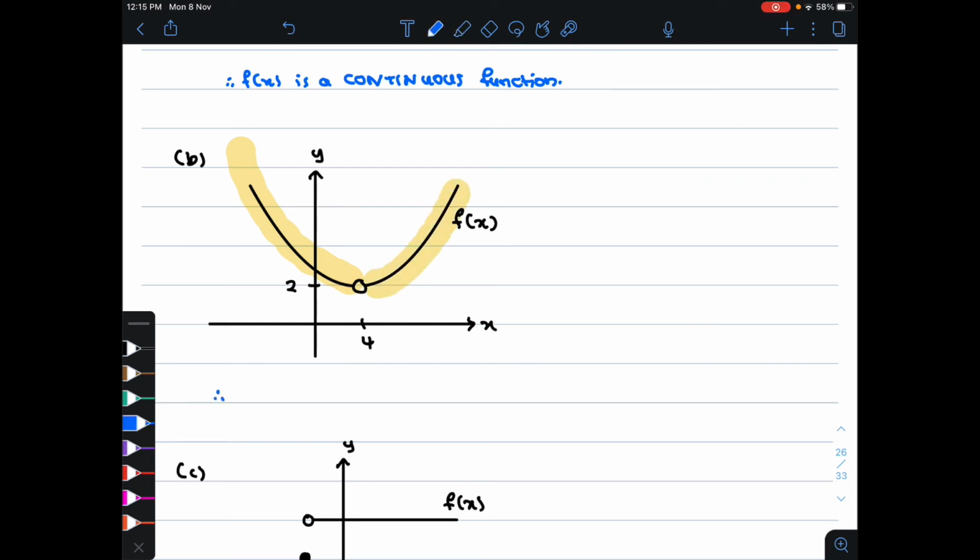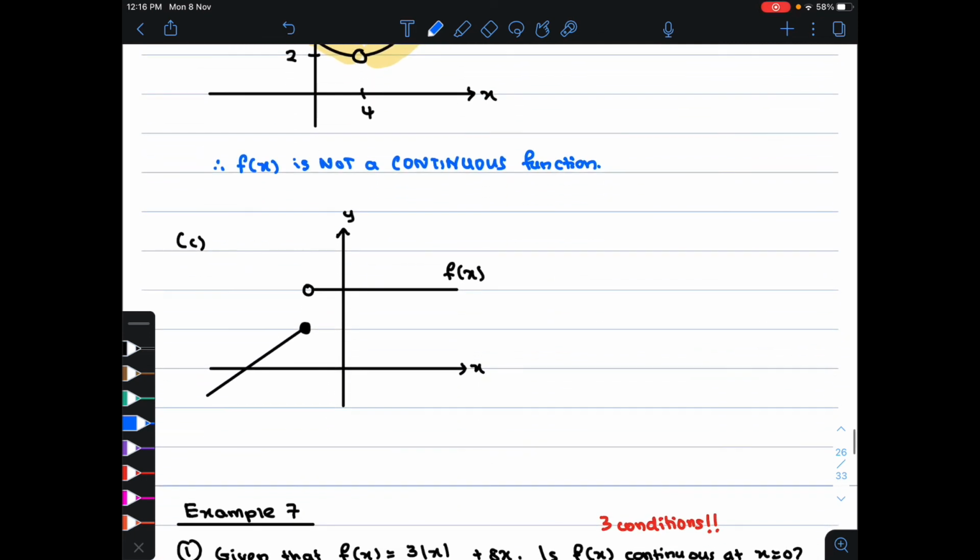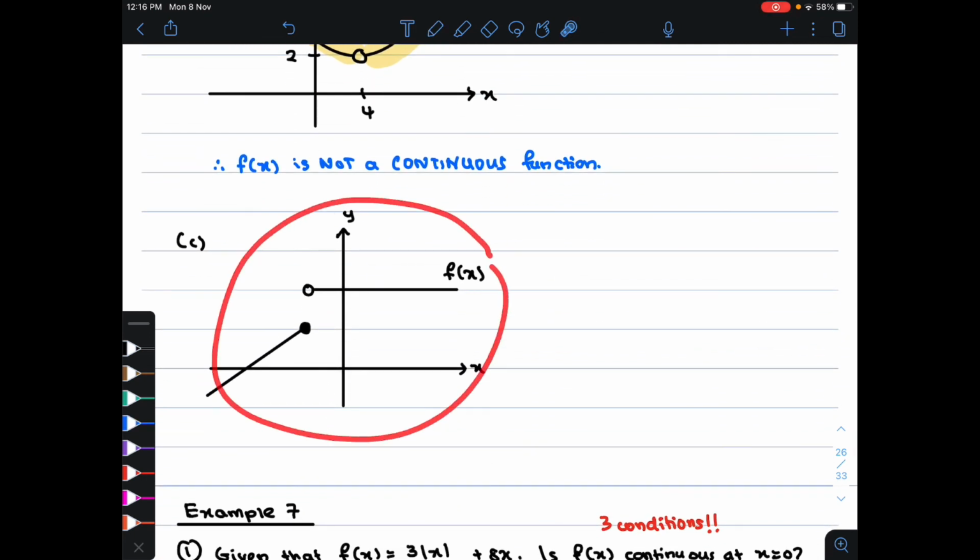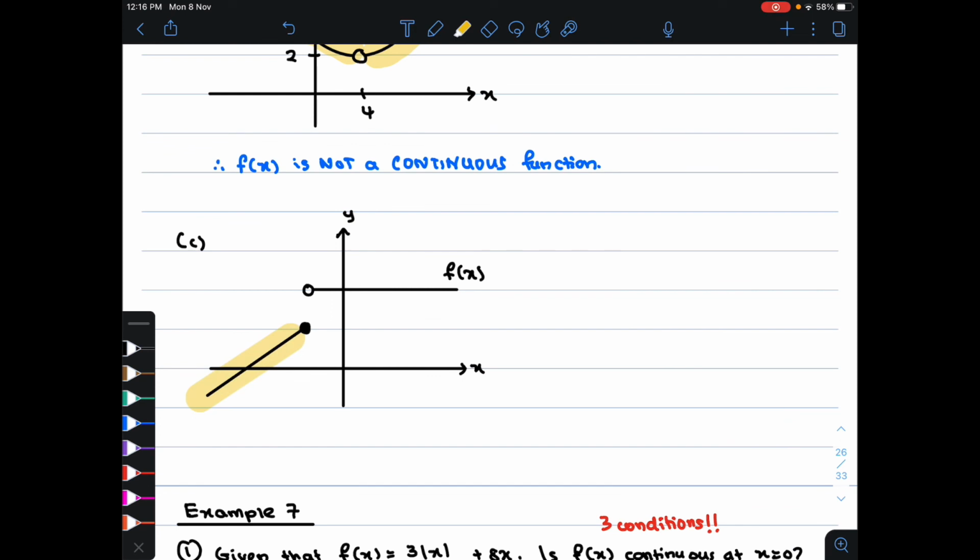So you cannot draw f(x) without lifting your pen. You need to lift your pen in order to draw this graph. And hence, this f(x) is not a continuous function. What about part C? This is our graph f(x), and to draw f(x), you need to lift your pen. Therefore, this f(x) is not a continuous function.